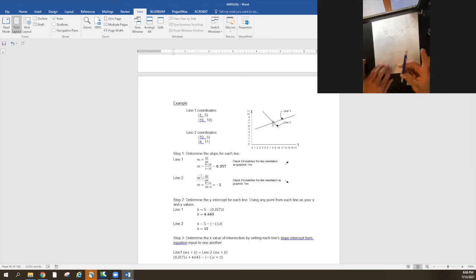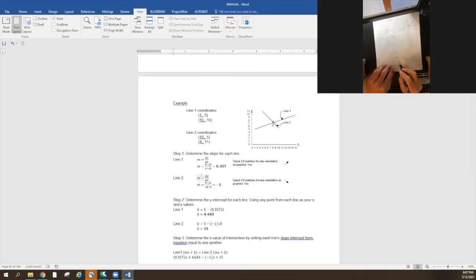All right, so I figure out my slope for this. 5 minus 10 would be -5 divided by -14. So it'll be 5 divided by 14. I get 0.357.